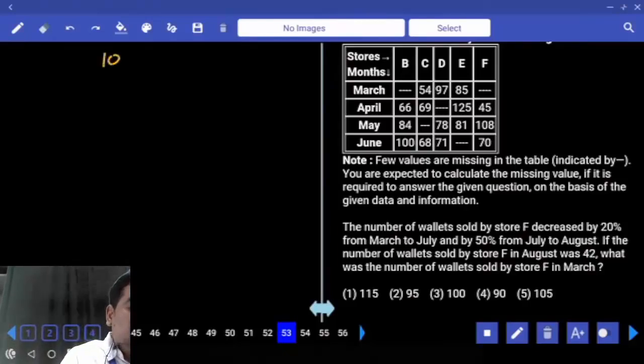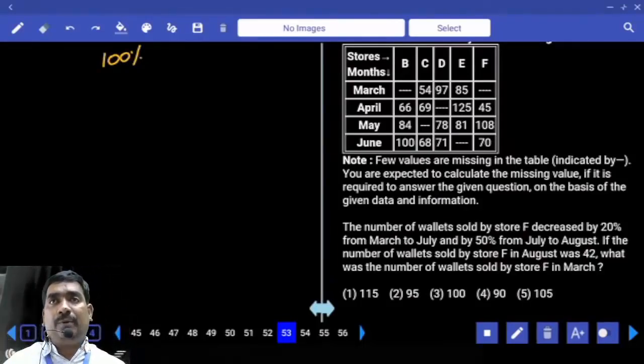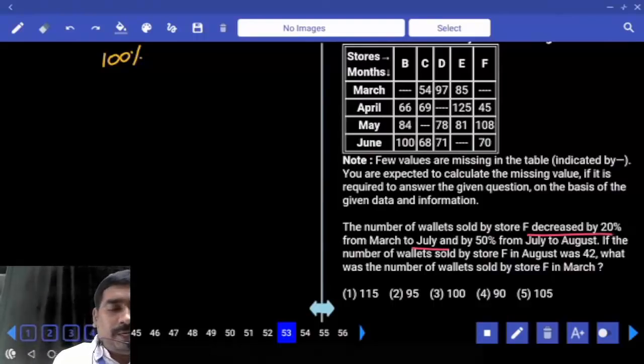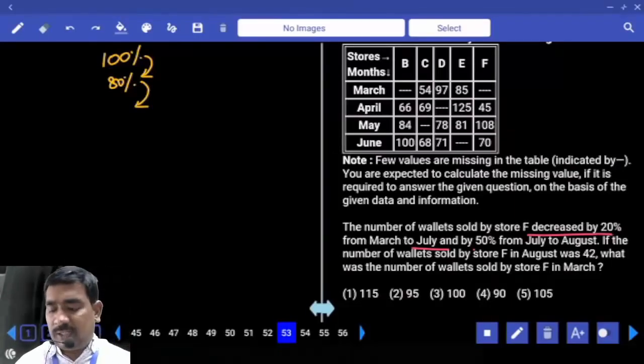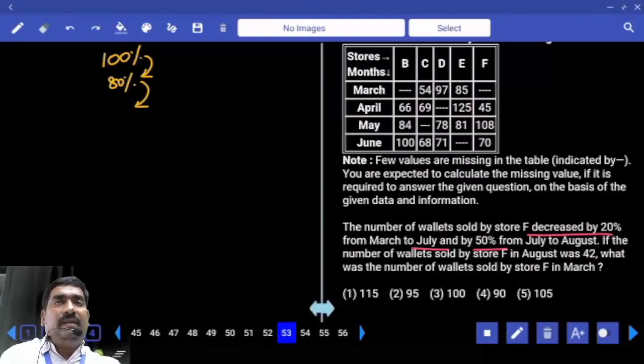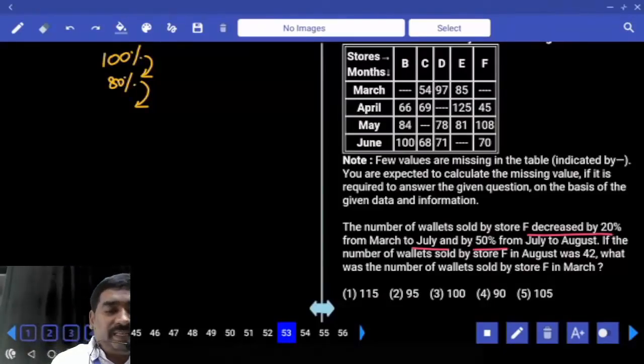Suppose in March it is 100%. March to July decrease by how much percent? 20% decrease, means in July it became 80. From July to August decreased by how much percent? 50%, means half, right? What is half of 80? 40 decreased, so remaining how much?